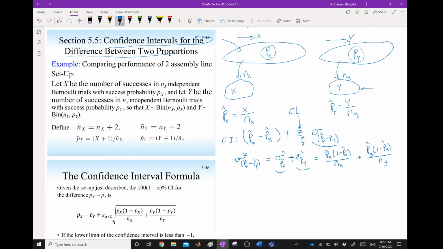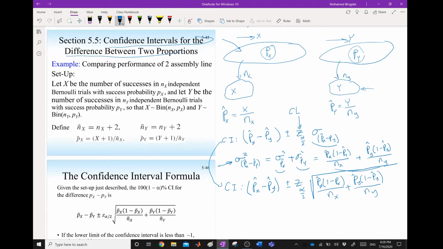And if I take the standard deviation, it's just the square root of this. So this confidence interval then will be px hat minus py hat plus or minus z alpha over 2 times the square root of this quantity. And that's the confidence interval of the difference between the proportion in this population and the proportion in this population. If I don't know these values, I estimate them by taking a sample here and a sample here of a large size, and that will be the confidence interval of the difference.